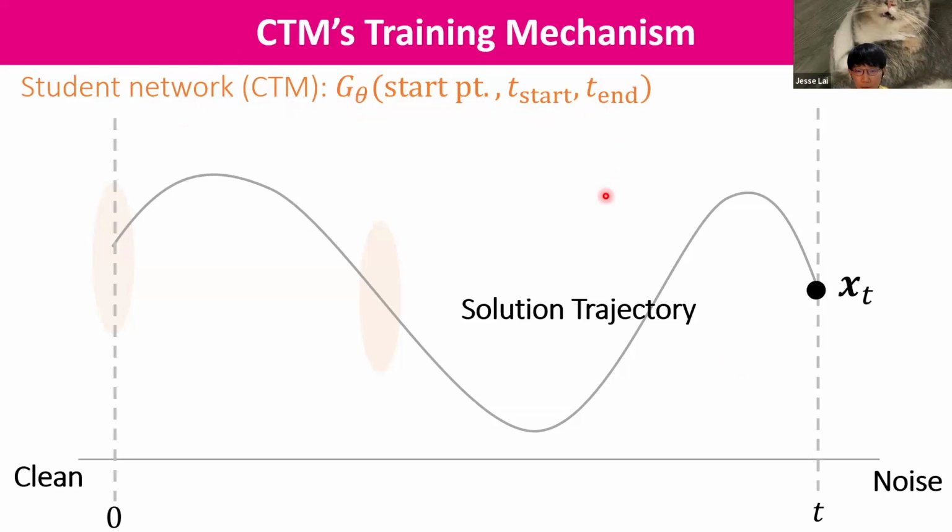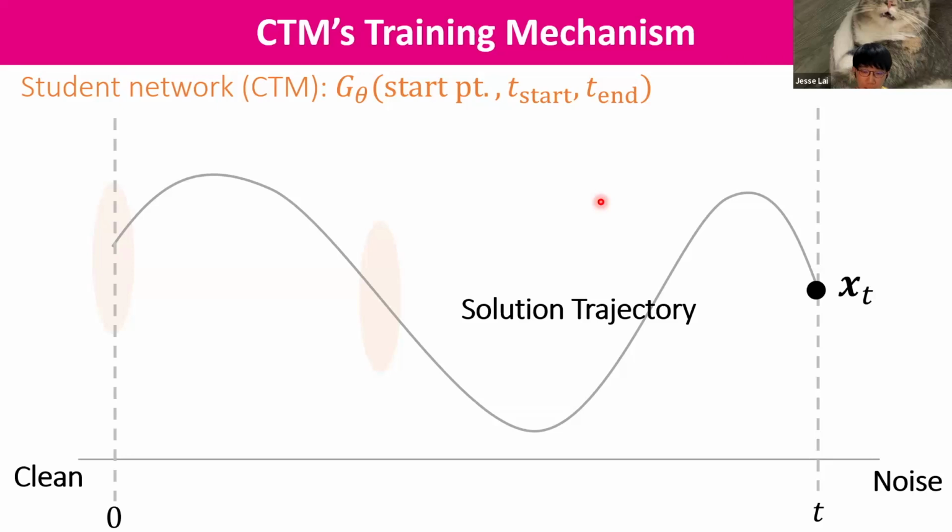All right. For CTM, we can do distillation. If we have a well-trained diffusion model, CTM distills the information from the teacher model so that it can do one-step generation.